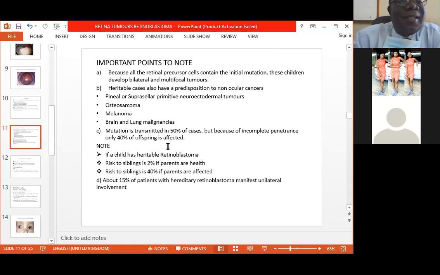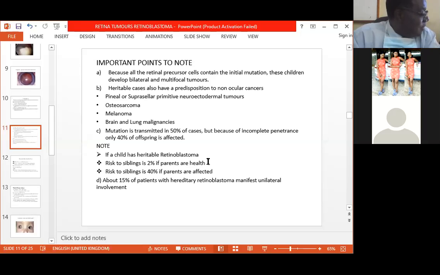Okay. So mutation is transmitted in 50% of cases, but because of incomplete penetrance, you only see it in 40% of the offspring who are affected. Note, if a child has heritable retinoblastoma, the risk to siblings is 2% if parents are healthy.